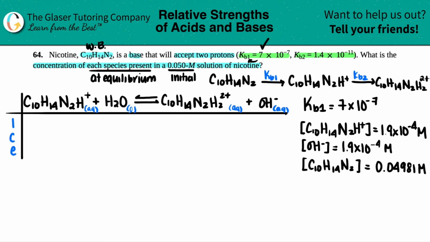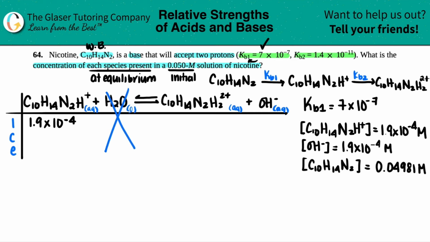Initial for this one was the final that we found. So in this case, what we found out here is the initial concentration now to start. So it's now going to be 1.9 times 10 to the negative fourth. Just like before, the water gets eliminated because it's a liquid.